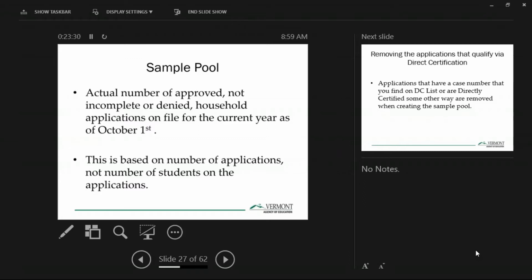And then the next question was about whether verification is applicable to CEP and Provision 2 schools. I was explaining that CEP schools do not have to do verification, and if it's a Provision 2 school for breakfast and lunch not in its base year, they don't have to do verification. And do we round up or down?